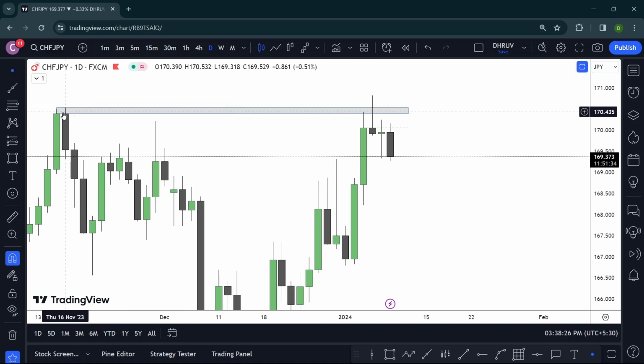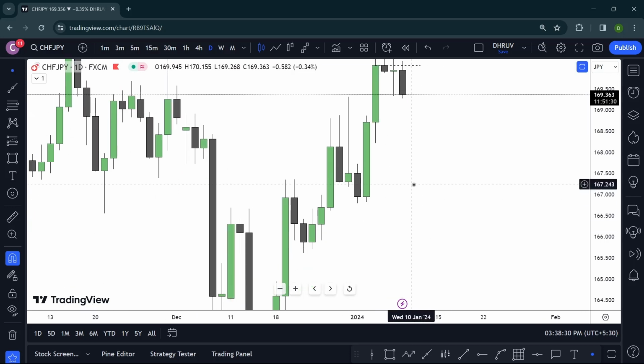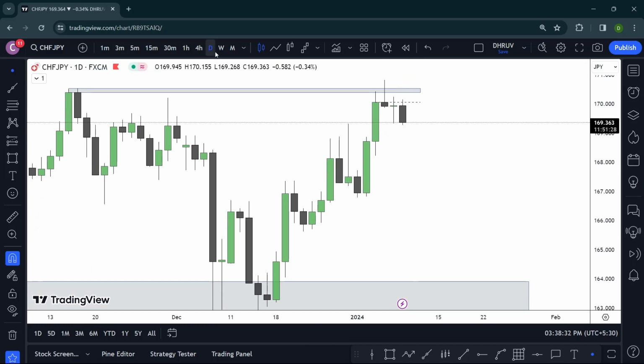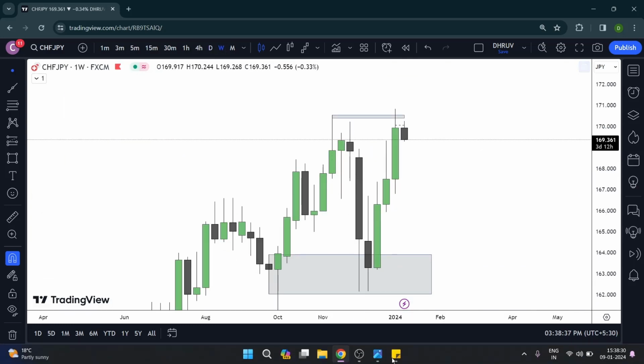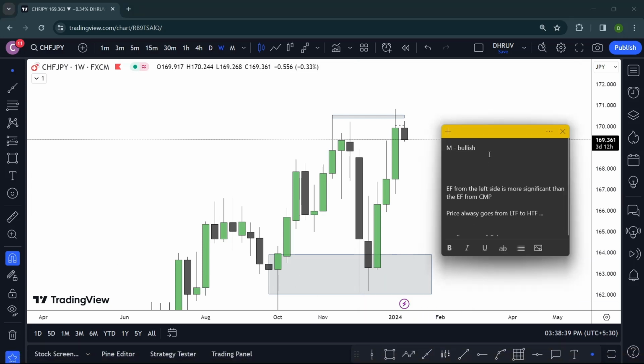And if I'm selling from here, okay, what's the target? But before that, I missed something, which is that we know weekly is bullish too. And now let's see daily.